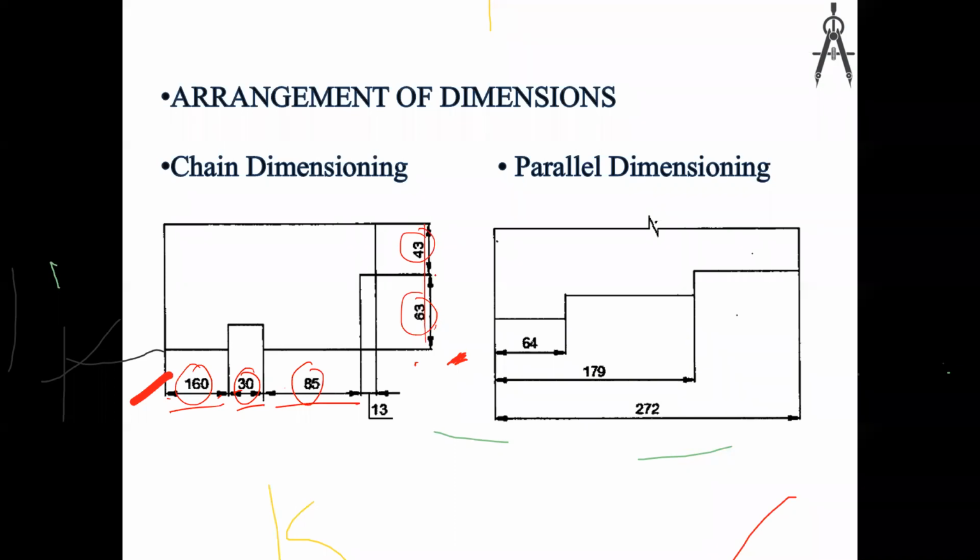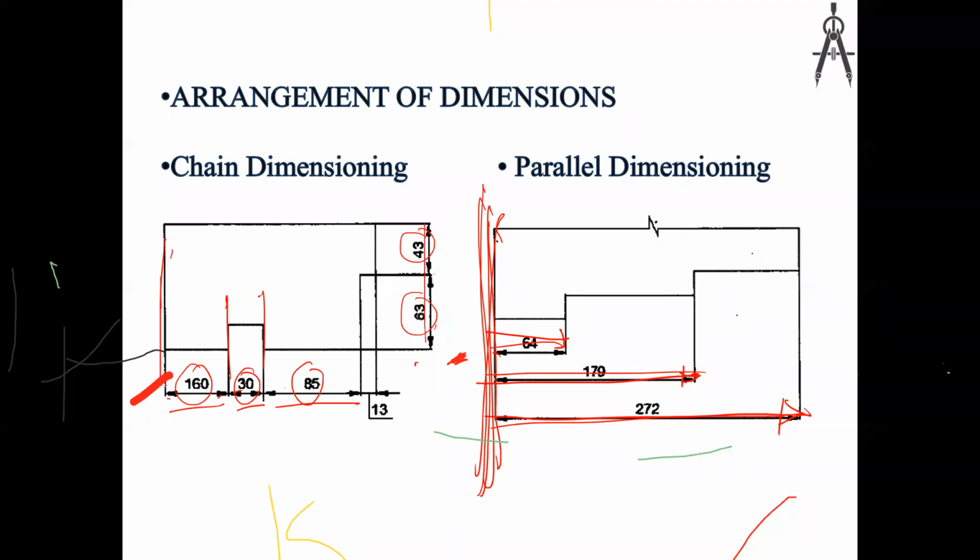This is called chain dimensioning. This is called parallel dimensioning, that means using parallel lines and having a reference line. This is the reference point and marking this one, from here marking this one, here marking this one.